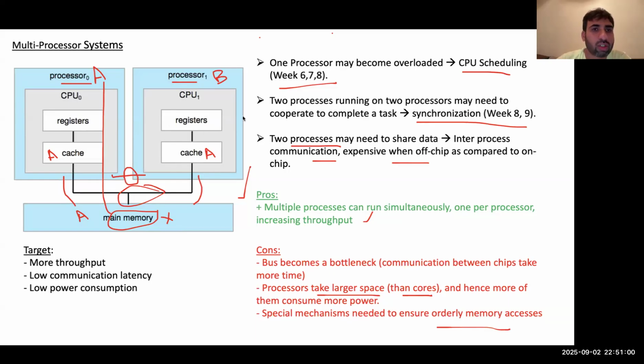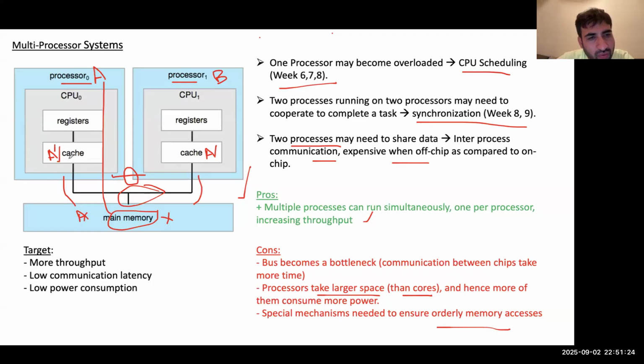CPU 0, when process 0 or process A needs to talk with process B, but then the data which is in their cache can become obsolete. Obsolete, for example, let's say process A changes A to A complement, but B is still copying A, and in main memory it is still A. So this is a valid copy, this is invalid.